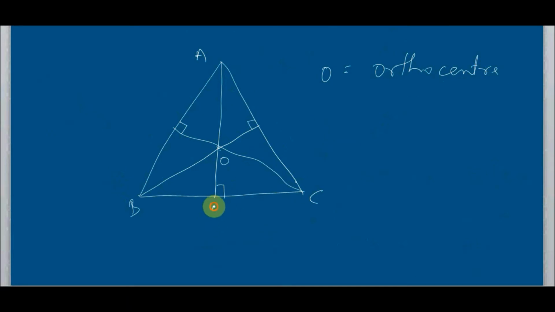Suppose I name the lines AN, BM and CK. These three lines are called altitudes of the triangle, or you can say height. Altitude means height.